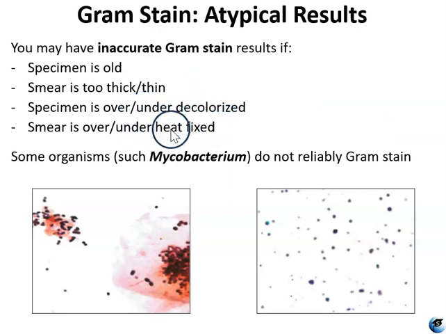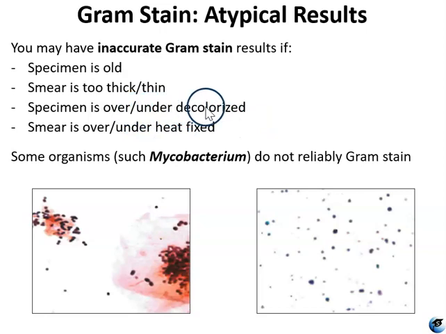These two here are very common, and you should absolutely know how these errors would affect the results of your gram stain. So if you over decolorize a gram stain, you can have a false negative result. If you under decolorize a gram stain, you could have a false positive result, and that is very, very common.